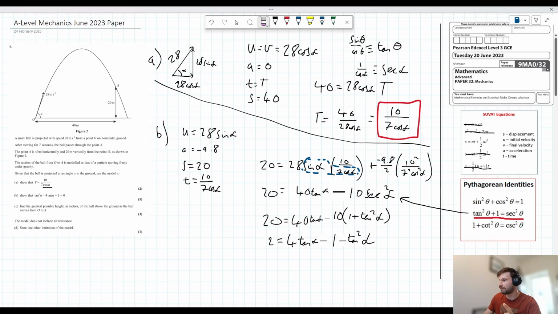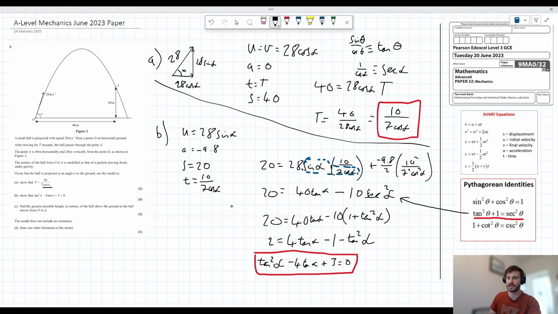Apologies. I've neglected the negative symbol here. Let's just put that back in here. Okay. Now it looks like we have everything we need to reach this form here. We can add 1 to both sides, we can subtract 4 tan alpha from both sides, and we can add tan squared alpha to both sides. So we land on tan squared alpha minus 4 tan alpha plus 3 is equal to 0.